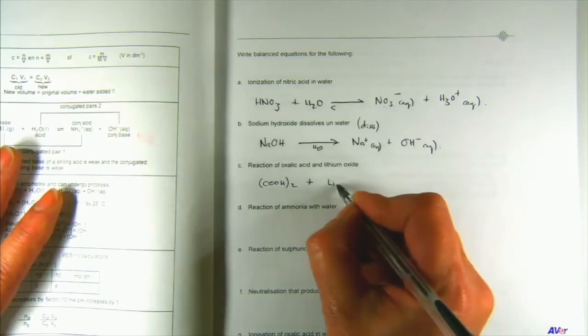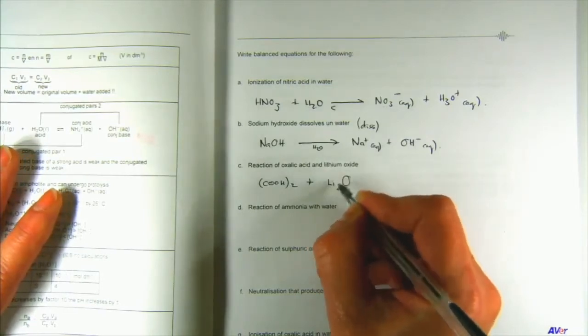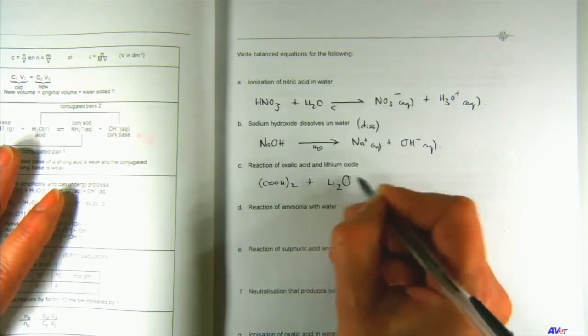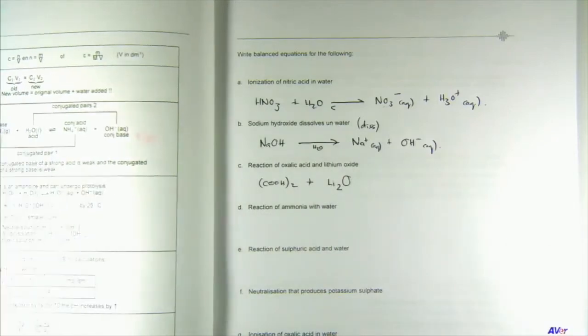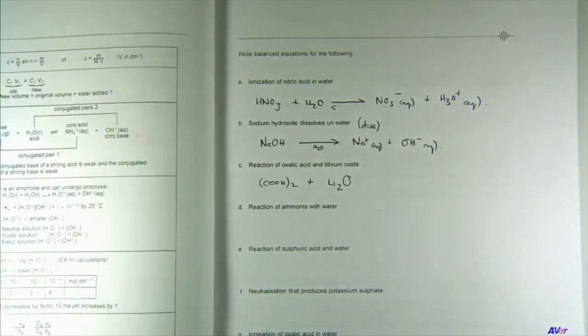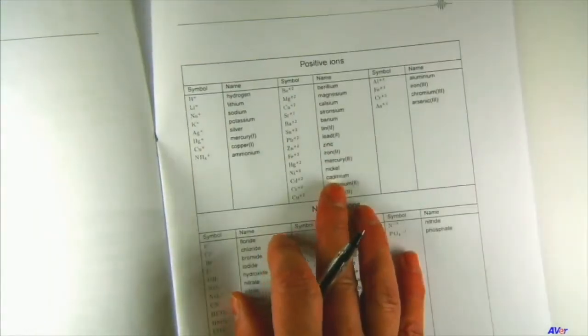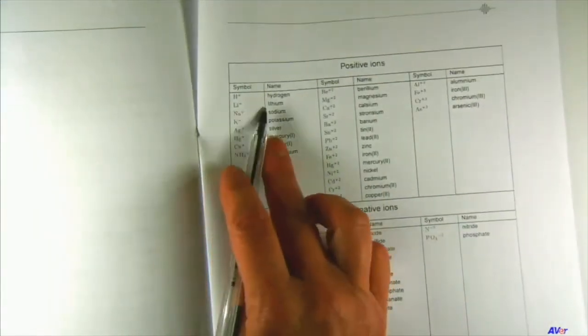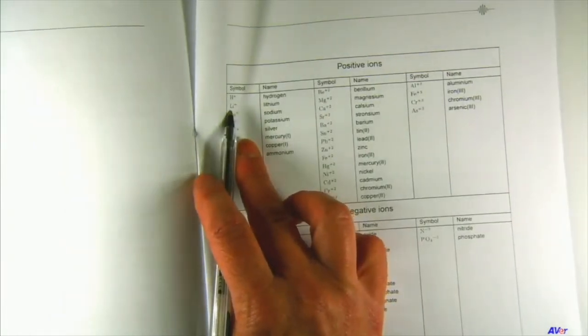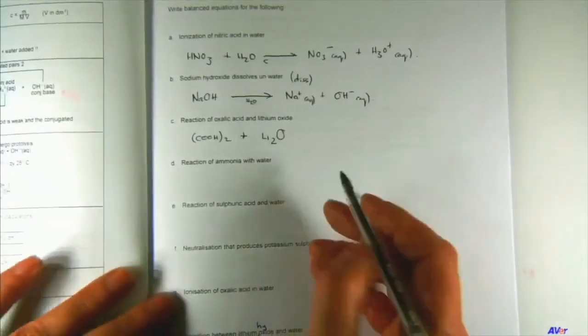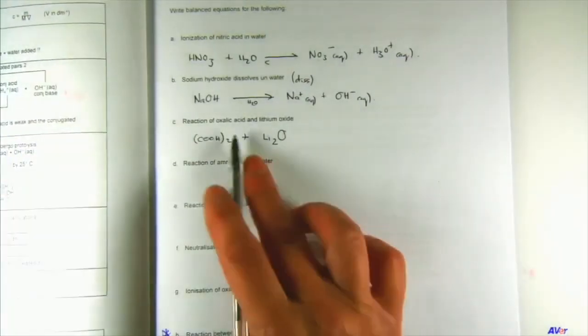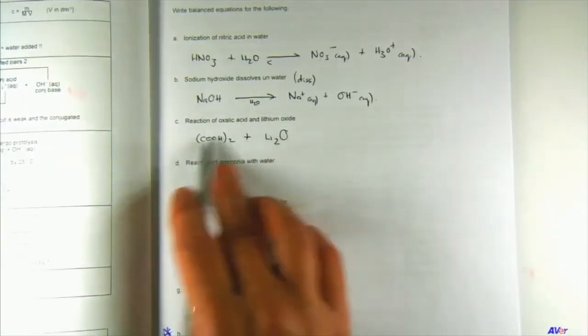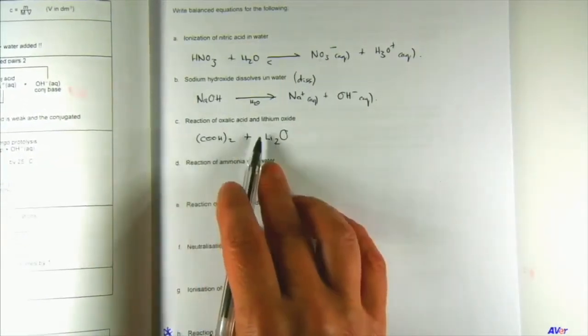So I take 2 lithium to 1 oxide, so I have 2 pluses for my 2 minuses. If you've got problems writing the formula, make sure that you know the table of ions at the back. Lithium is plus 1 because it's in group 1, and oxide is minus 2, so you need 2 lithium for 1 oxide.